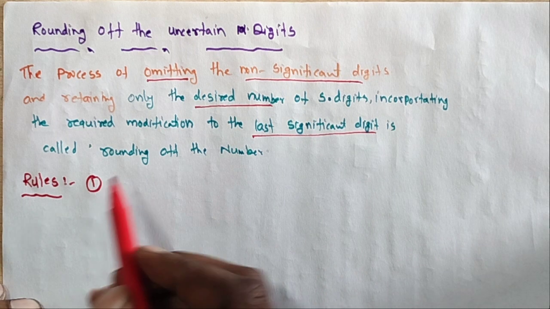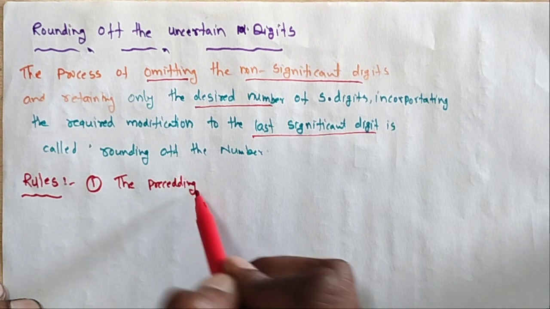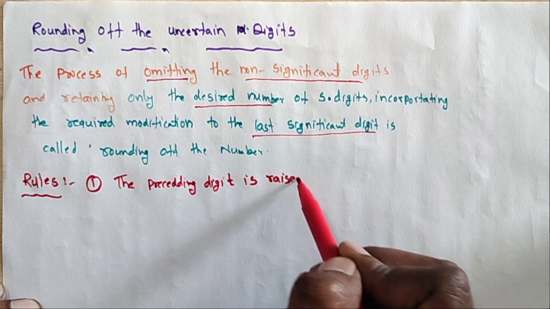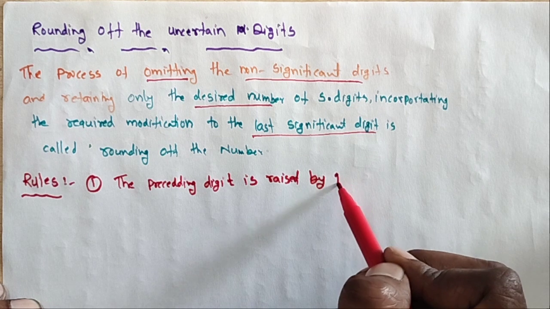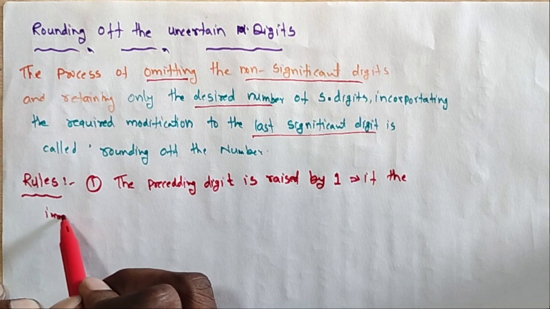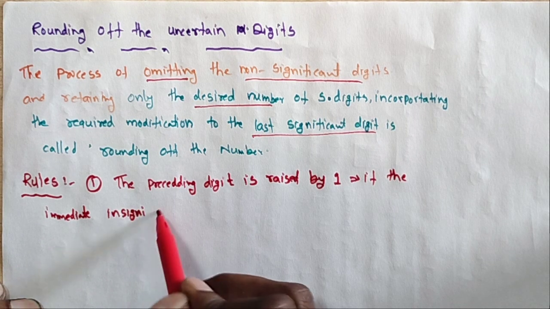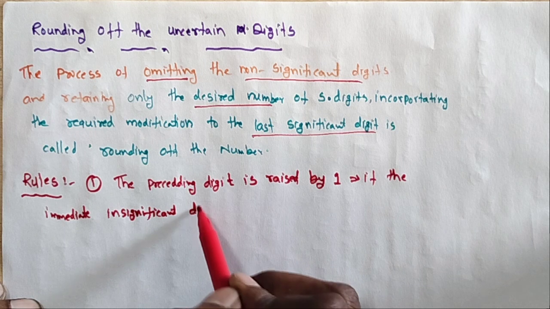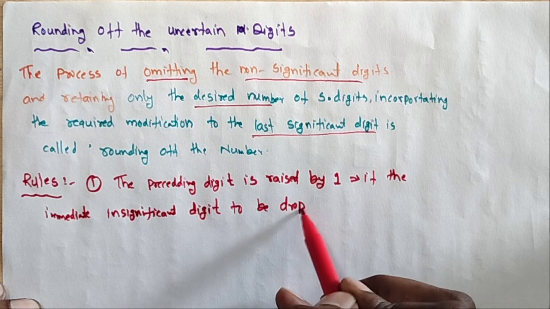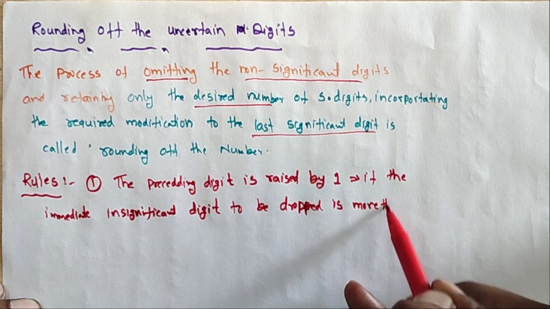Rule number 1: the preceding, meaning the front, digit is raised by 1 if the immediate insignificant digit to be dropped is more than 5.